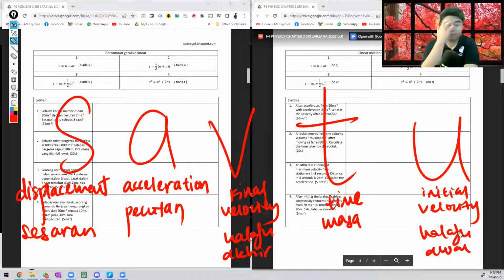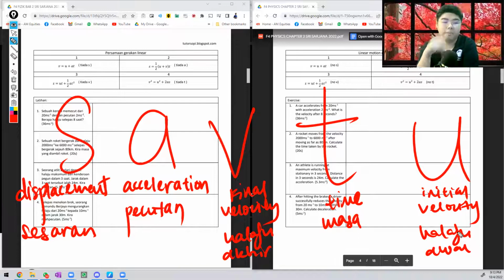Okay, so over here, I would like to let you know that whenever you are solving questions regarding physics, there are going to be a lot of components. There will be a lot of variables in the question.